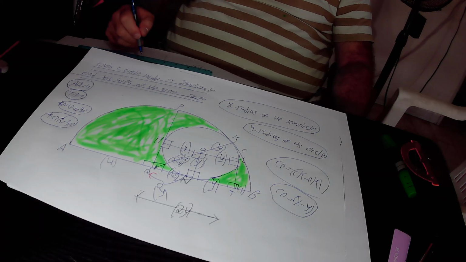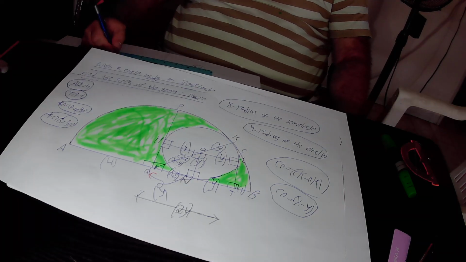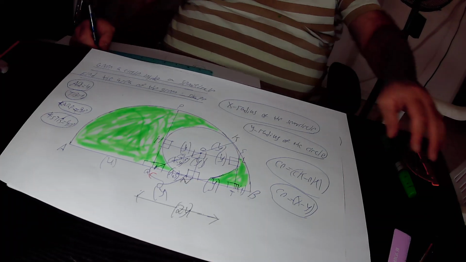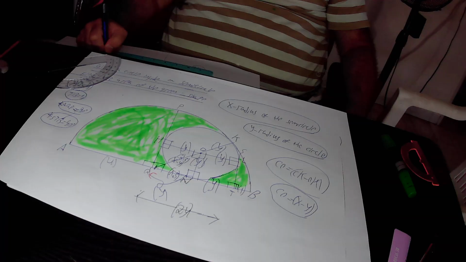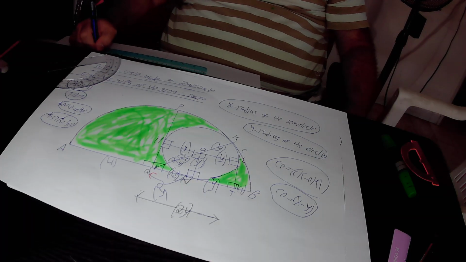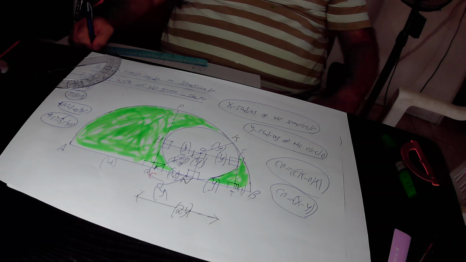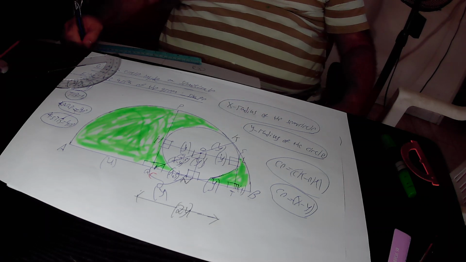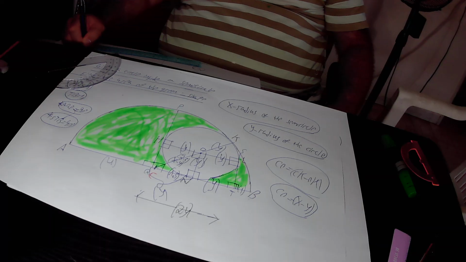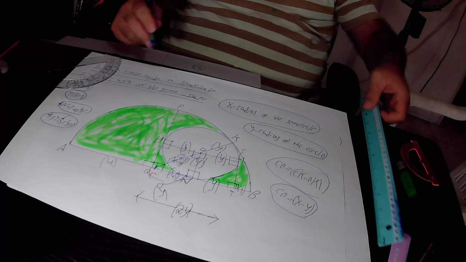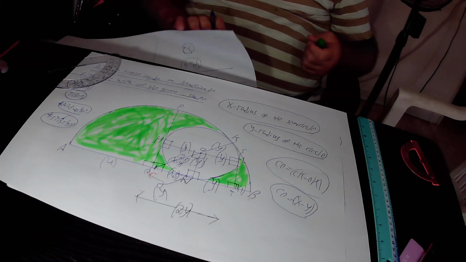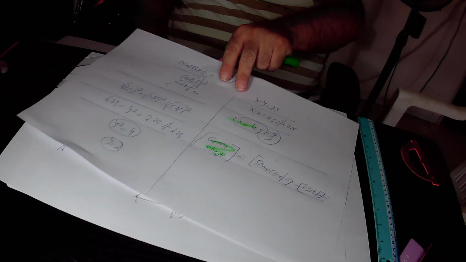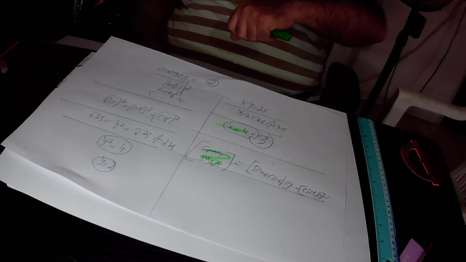The area of the green shape must be equal to the area of the semicircle minus the area of this small circle. And again, the area of this green shape is equal to the area of the semicircle minus the area of the circle.